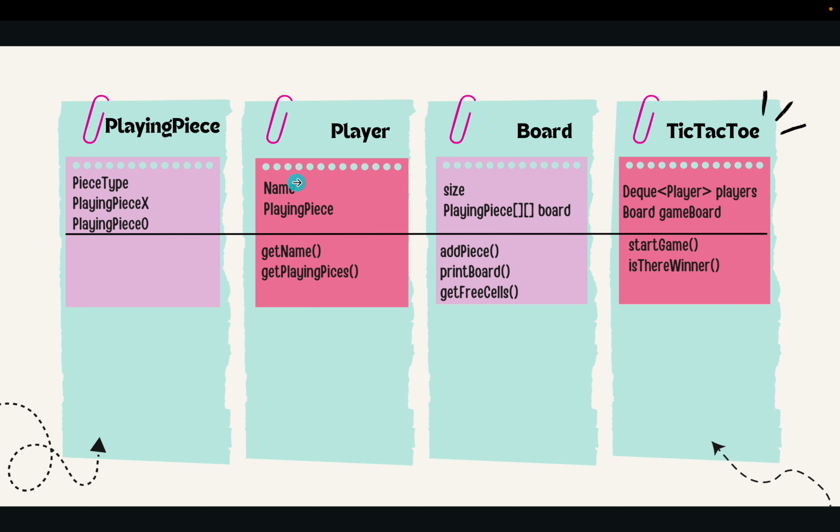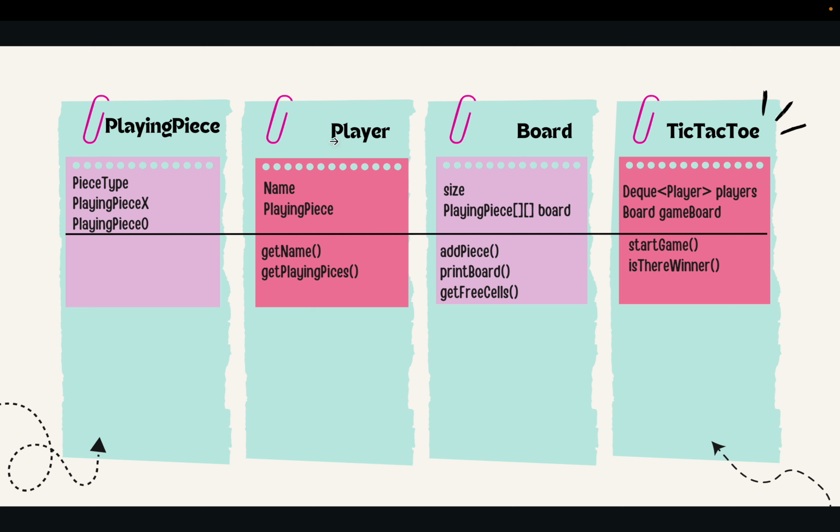If I tell you about the relationships between these classes, the playing piece class is the parent class for playing piece X and playing piece O. After that, we have a player class, and the player class has a relationship with the playing piece class.